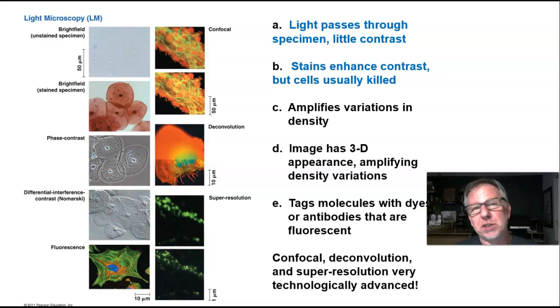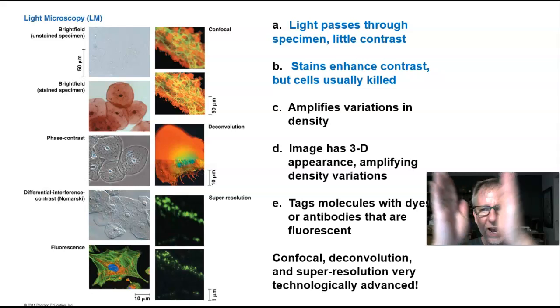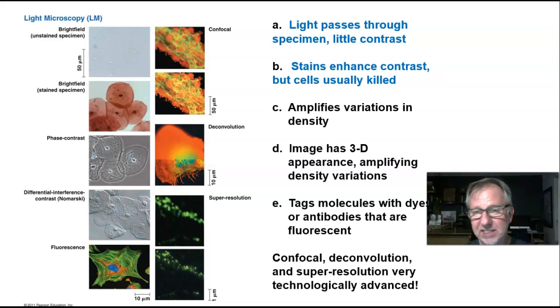And basically, we're just passing light through a specimen, a very thin specimen, because light has to go through it. And by doing that, the light passes through some lenses to help magnify, and then we can see it. But just doing that and nothing else, there's very little contrast. We don't really have the ability to tell things apart very easily.